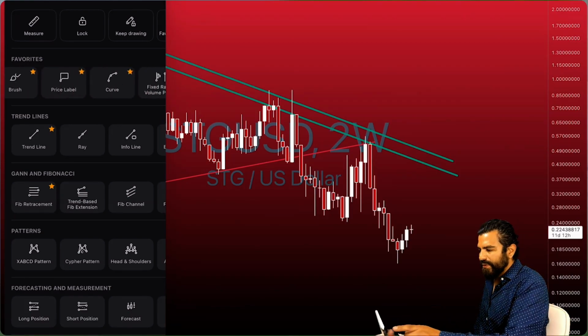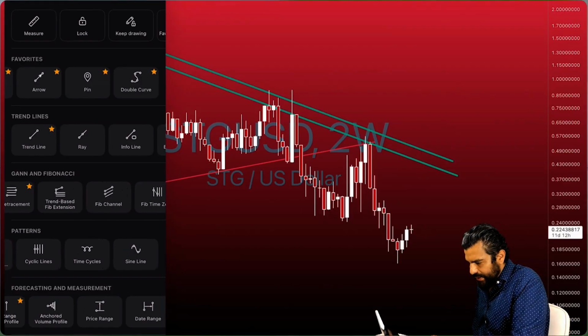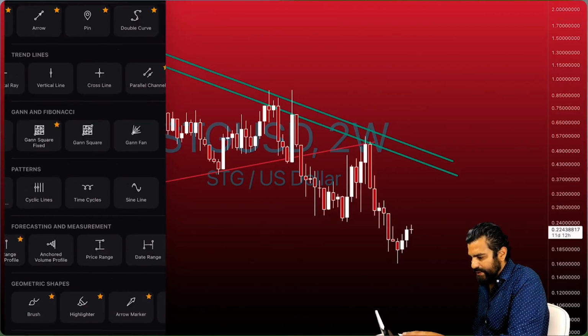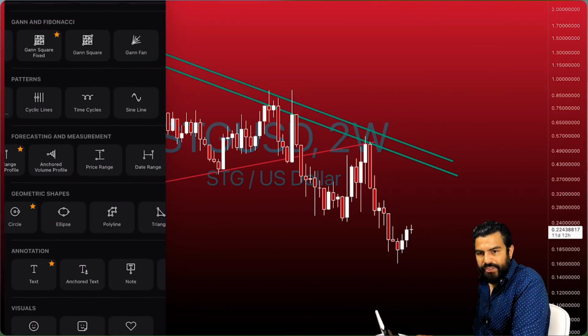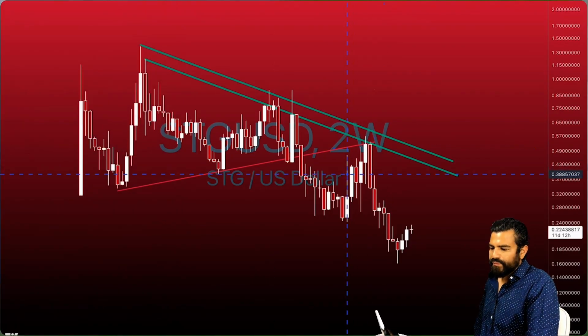and you can do something called a rotated rectangle if you want to. I don't generally like to, because I don't like how they designed the rectangle in TradingView. It's under geometric shapes, rotated rectangle.